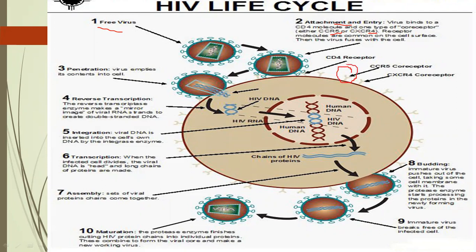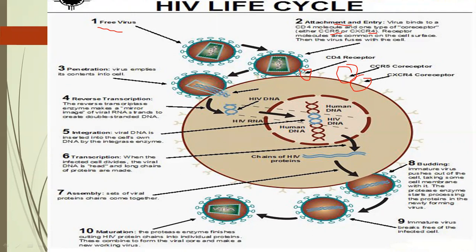Look, this one, the CCR5 and CXCR4 co-receptor, binds with these glycoproteins 120, which are common on the cell surface of these T4 cells, and then the virus fuses with the host cell.